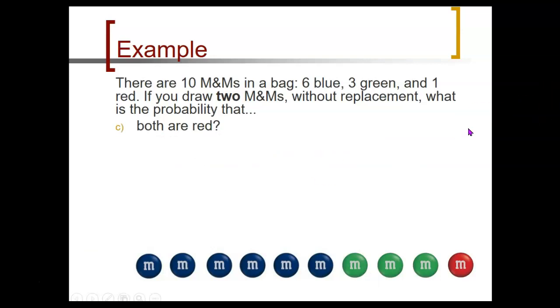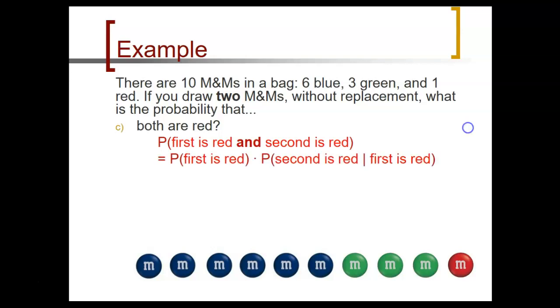What's the probability if you draw out 2 M&Ms without replacement that both are red? Well, if we do this one the way we did the other two, we break it down into the probability that the first one is red and the second one is red. So we take the probability of the first one being red times the probability of the second one being red if the first one was.